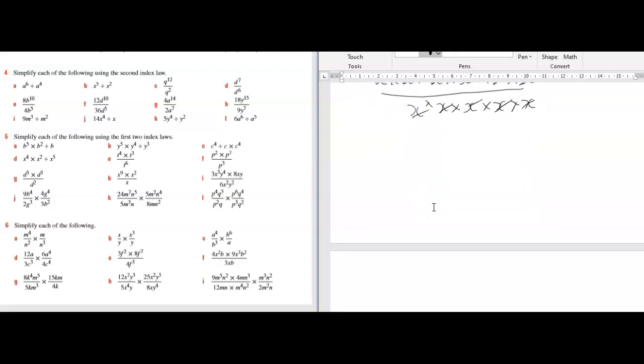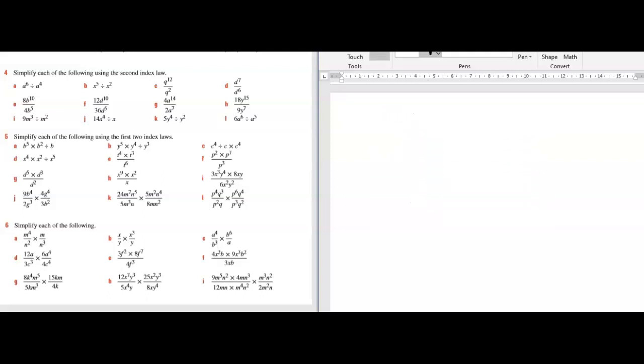All right, let's go to 5G. Okay, so we've got d to the power of 5 times d to the power of 3 over d squared. So when I do something like this, I would cancel that with that, and that makes that one 1.